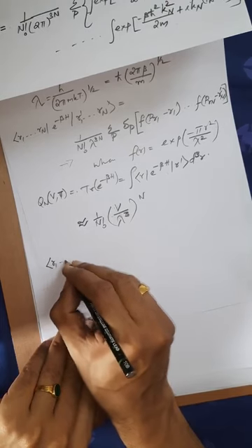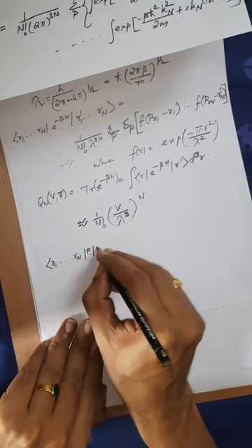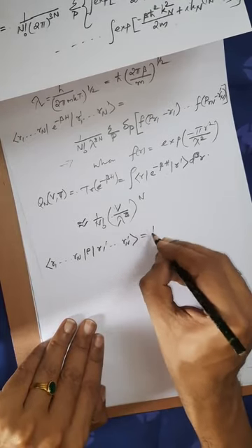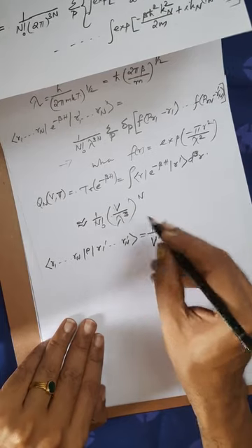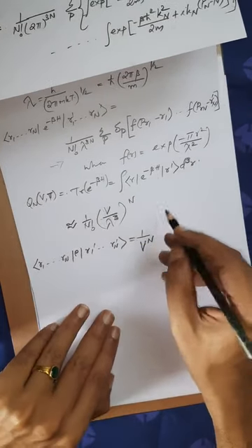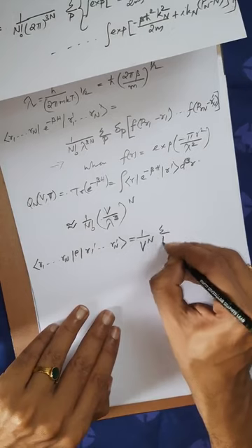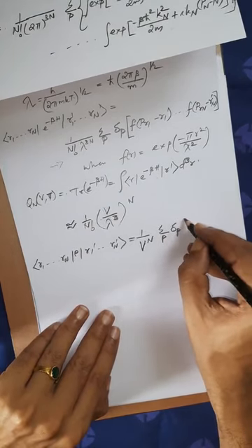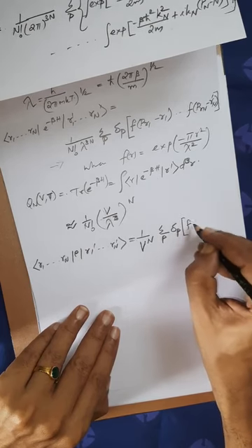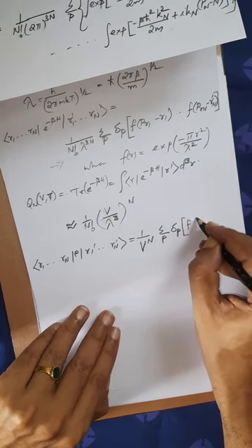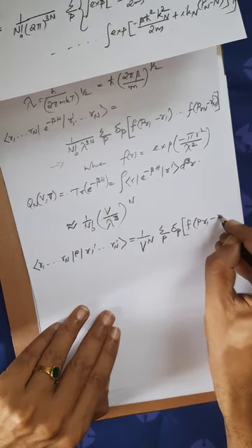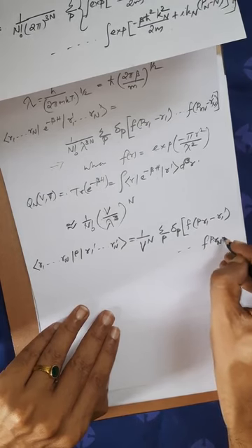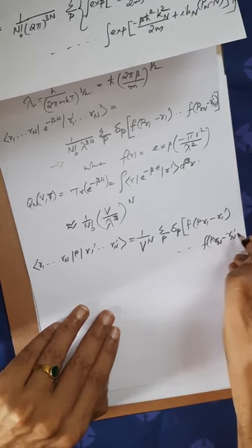Therefore I can write r1 up to rn, rho, r1 prime up to rn prime is equal to 1 by V raised to n, numerator divided by denominator, sum over p delta p, f of p r1 minus r1 prime up to f of p rn minus rn prime.